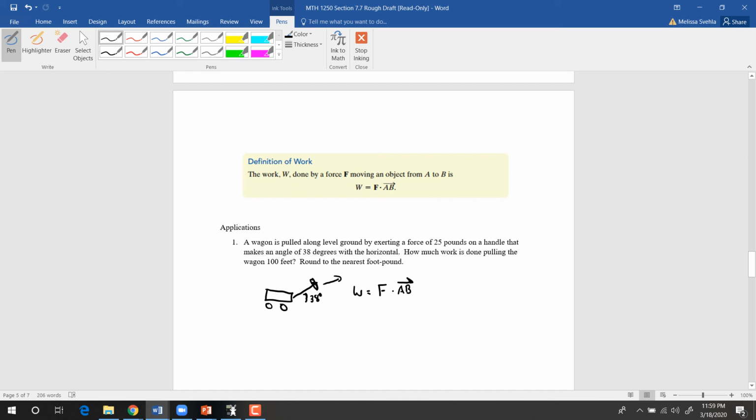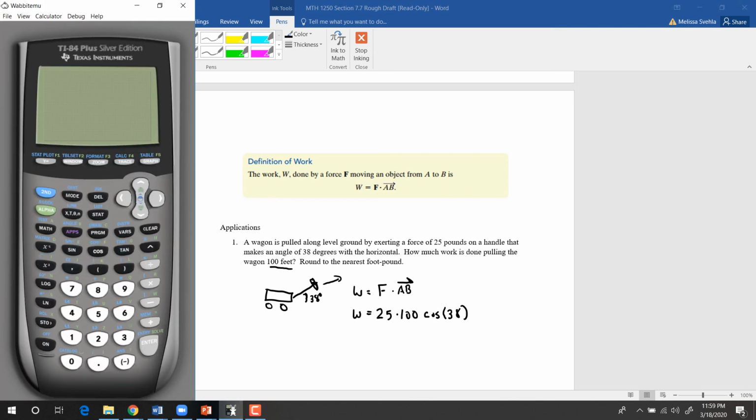Now, the thing we have to be really careful about is that my force is pretty straightforward. That's 25 pounds. And yes, I am pulling it 100 feet, but that's only partially the truth because I'm pulling it at an angle. So the way I want to think about this is I'm multiplying this by 100, but it's cosine of 38. Okay, so I'll throw this in my calculator. Be careful, make sure you are in degrees, not radians.